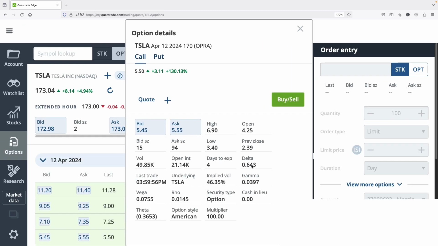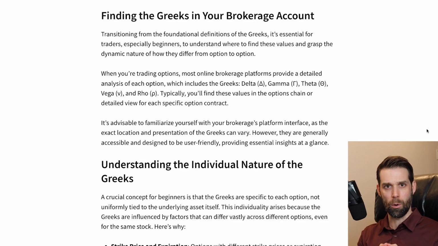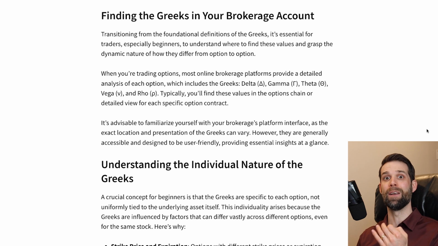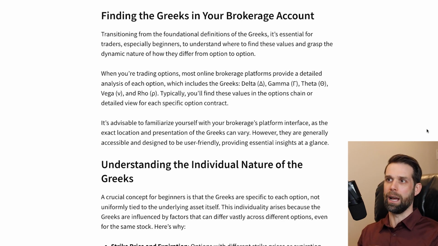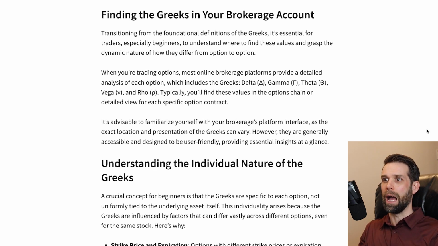So you click on the option and you'll be able to find the value of delta, gamma, theta, vega, and rho within your trading dashboard. If you're not signed up with a broker at the moment, don't worry. Once you sign up for one, it's going to be very easy to find these values before you buy or sell any option. They're in your dashboard and very easy to locate.